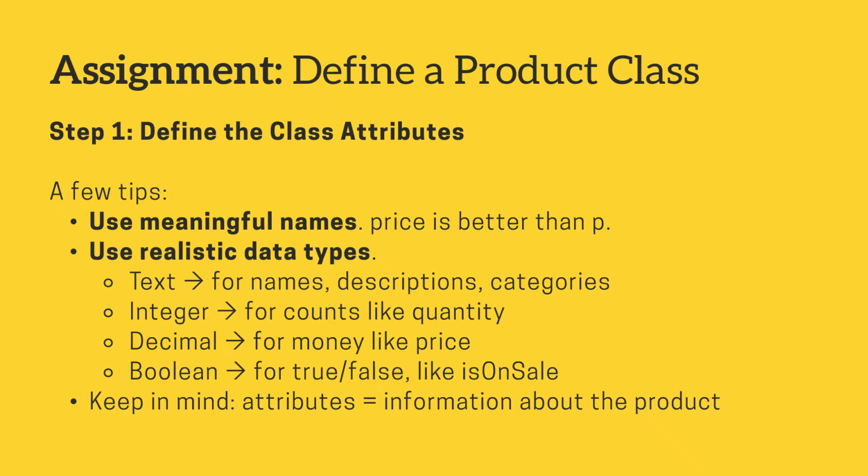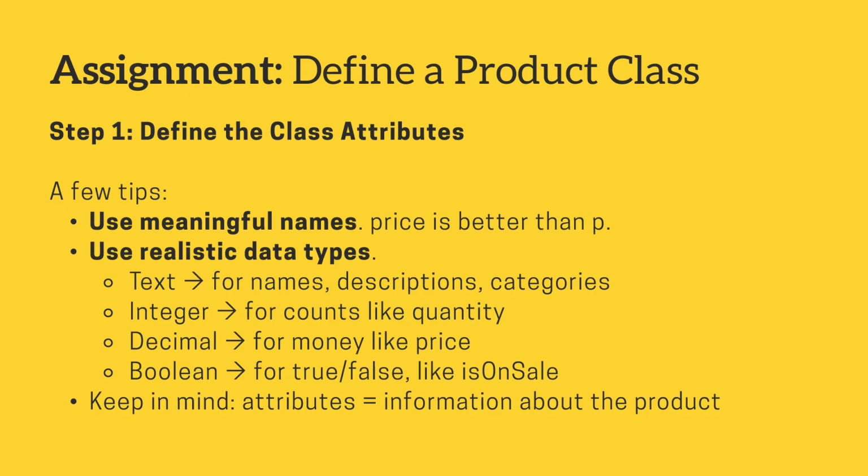Now, a few tips: you want to use meaningful names, okay? Price is going to be better than just using the letter P. But don't use spaces. We're not doing spaces, okay? One of the things that is encouraged is using camel case, where if you have multiple words and you have to put them together, you uppercase the first letter of each word.